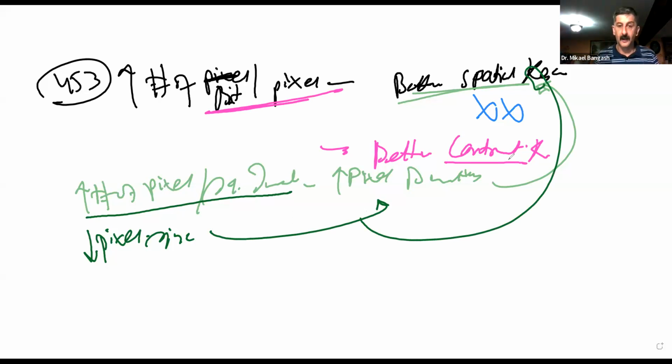Or we can say this number of bits here will determine the number of shades of gray on the grayscale, which will determine whether we have a good or a bad contrast resolution.